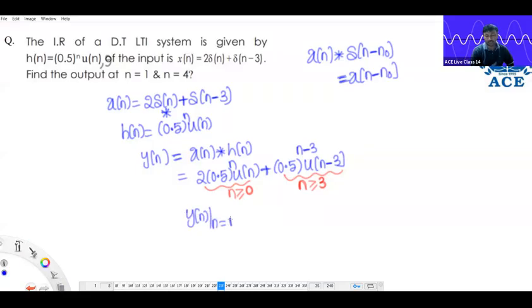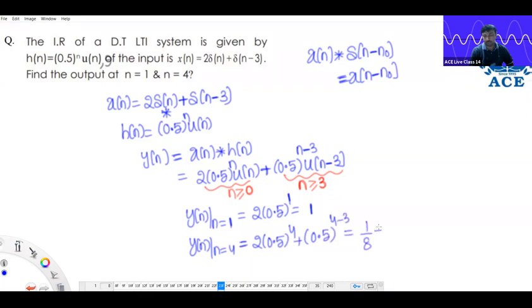If you want the output at 1, it is due to only the first signal, sir. But if you want the output at 4, both signals cover the value at 4. That is 1 by 8 plus 1 by 2, 0.625 after simplification.